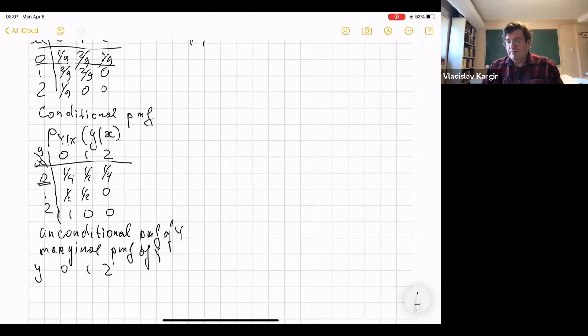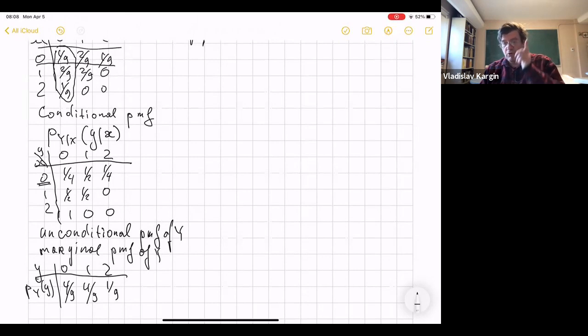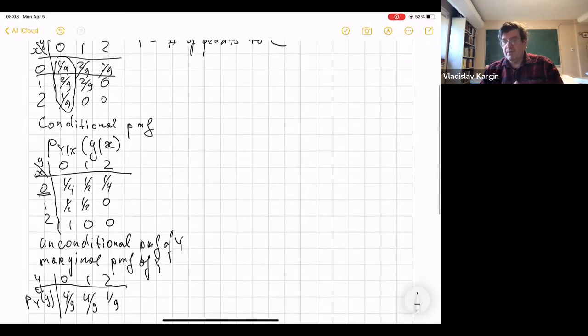This was p_Y of y, and it is equal to 4/9, 4/9, and 1/9. This is just the sum of the original joint probabilities. We are summing along the columns here, and then we get 4/9, 4/9, and 1/9.